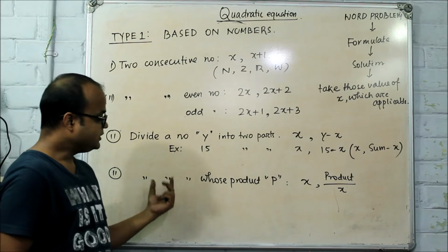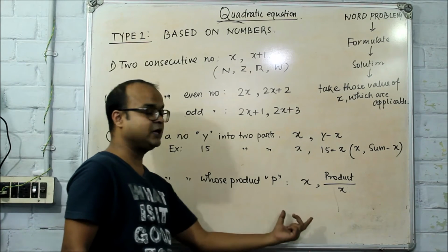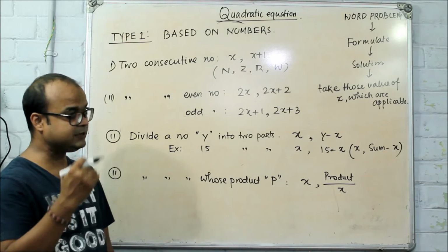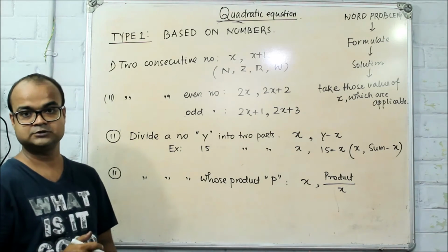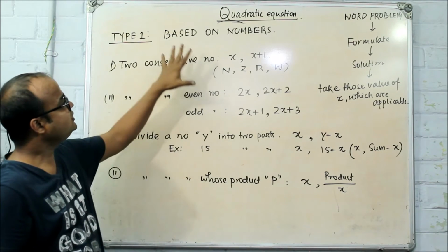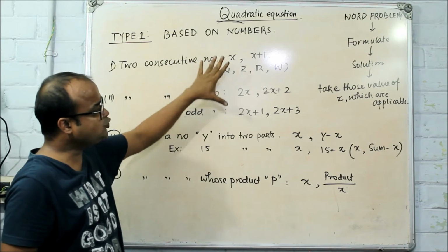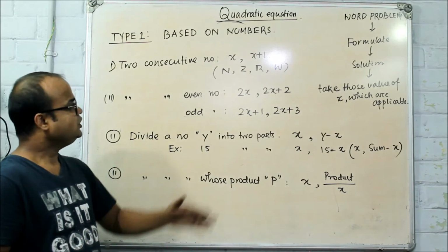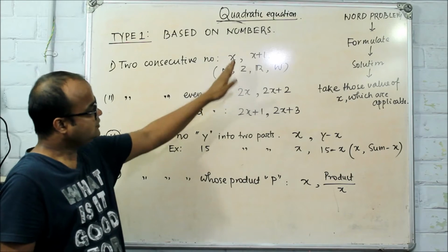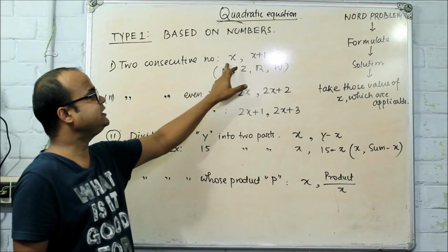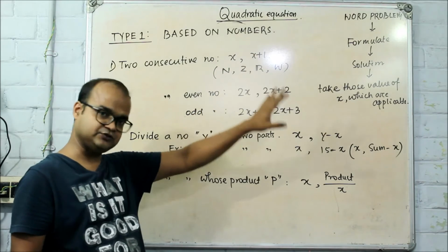Suppose divide a number 27 into two parts. So you will say let x and 27 by x be two numbers. Clear? So this is a basic problem where we need to consider this type of assumption. Now another time, you can consider this as x minus 1 and x also.